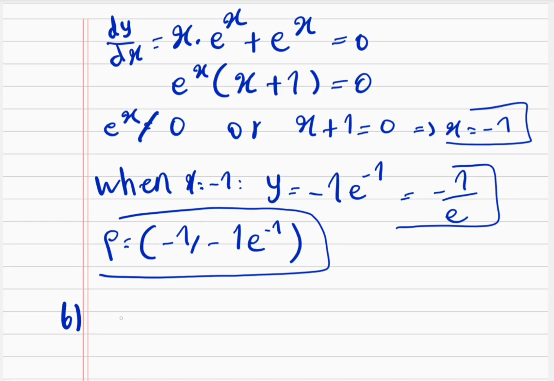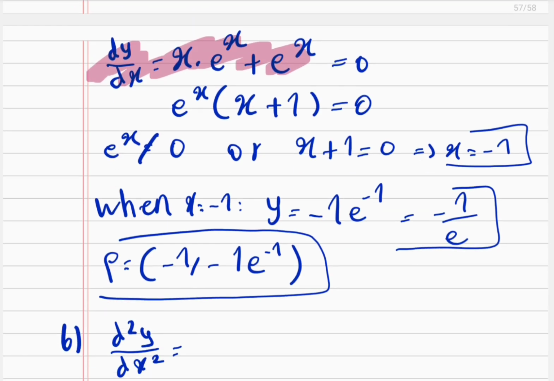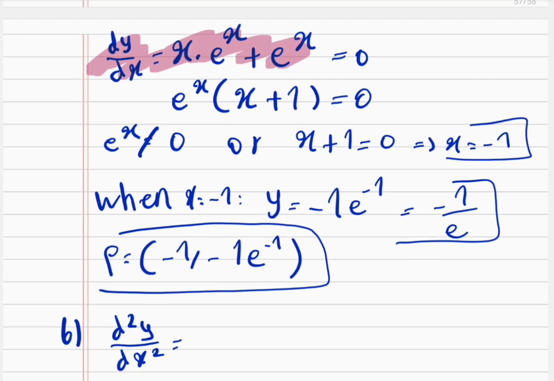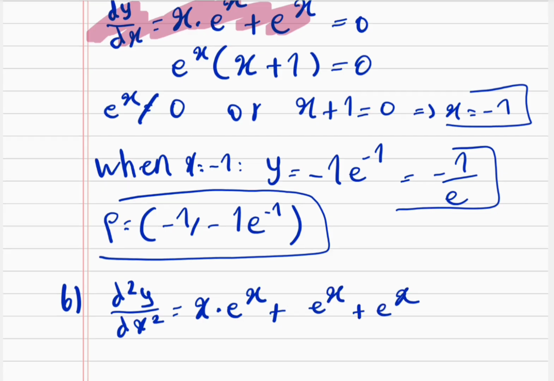So for part B, d squared y by dx squared is equal to, we are going to differentiate the first derivative. So we need another product rule. x times the derivative of e to the x, which is e to the x, then the derivative of x, which is 1, times e to the x, plus this e to the x differentiated, which is again e to the x.